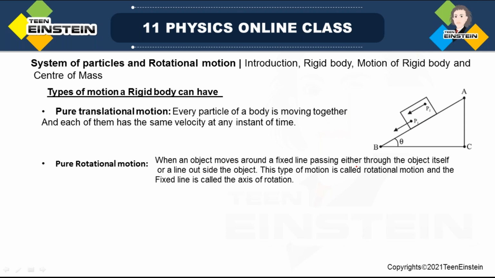When an object moves around a fixed line, which passes either through the object itself or a line outside the object, this type of motion is called rotational motion, and the fixed line is called the axis of rotation. Let me give you an example.